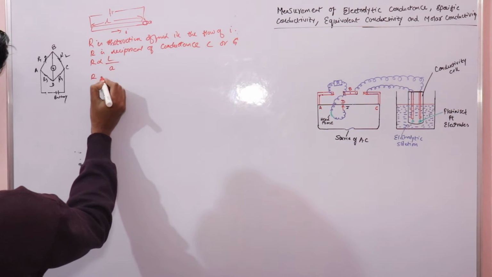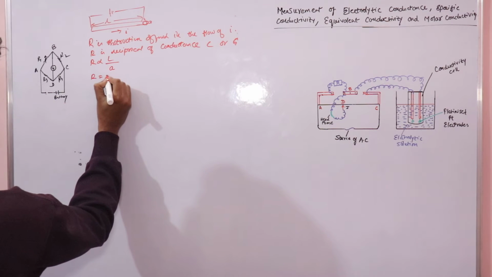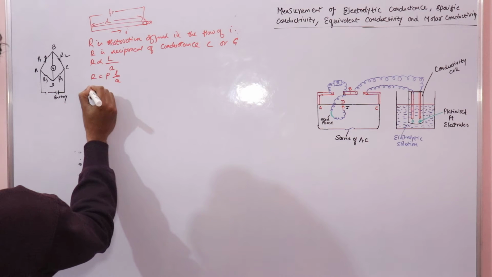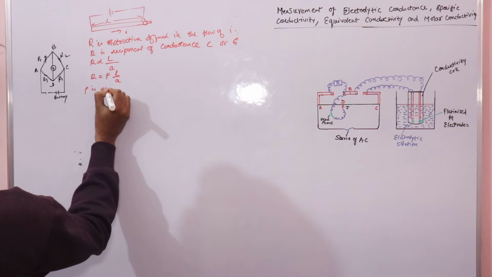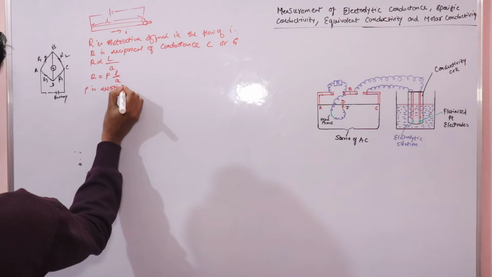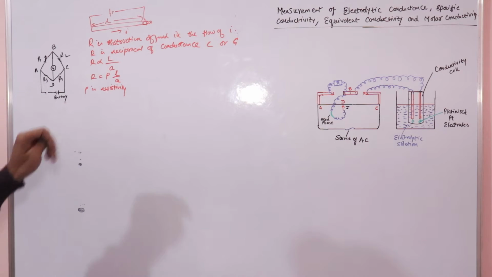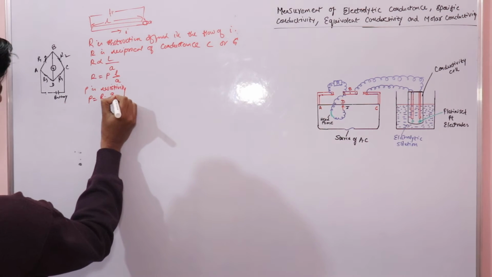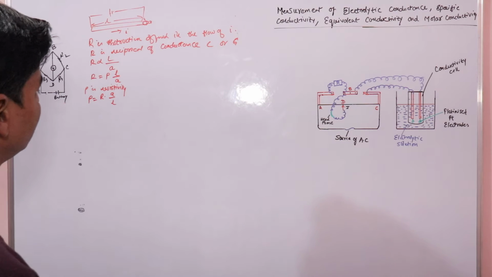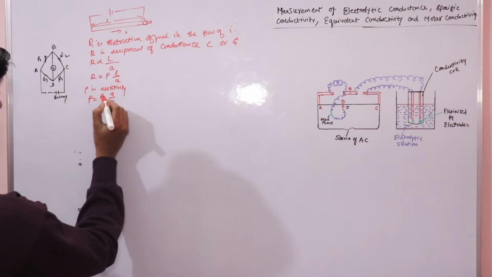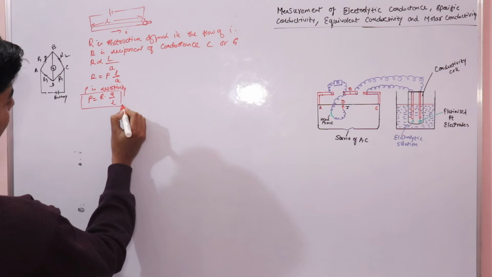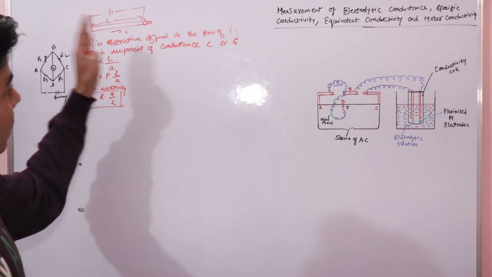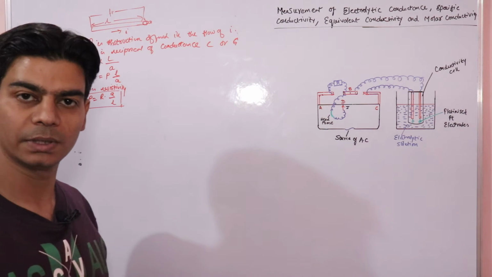If I remove the proportionality sign, I put in a constant, which is resistivity. So resistivity rho is equal to R A upon L. This is the formula for resistivity. Here we are discussing the flow of current in terms of resistance.